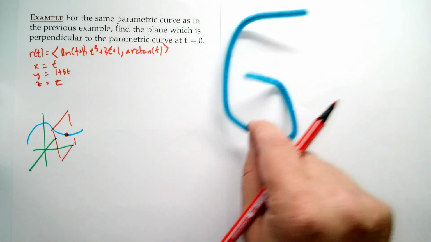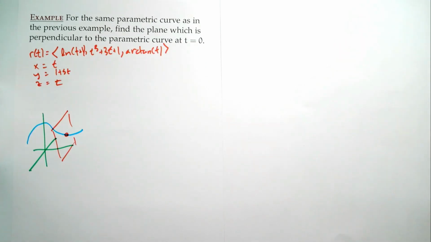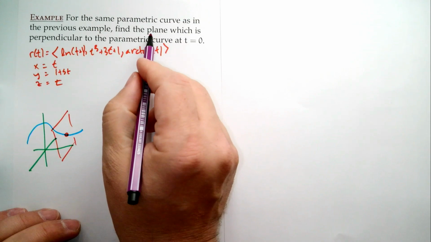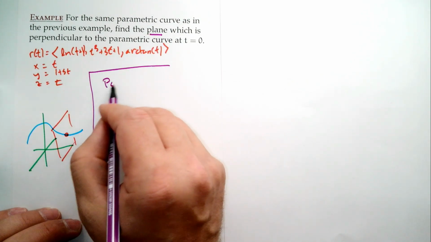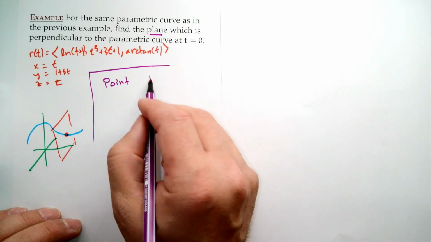So how do we figure out the plane? Well, if I want a plane, what information do we need? A point and a normal vector. Okay, so since we're after a plane, and of course the reason we know we're after a plane is it tells us, what we need is a point plus a normal vector.